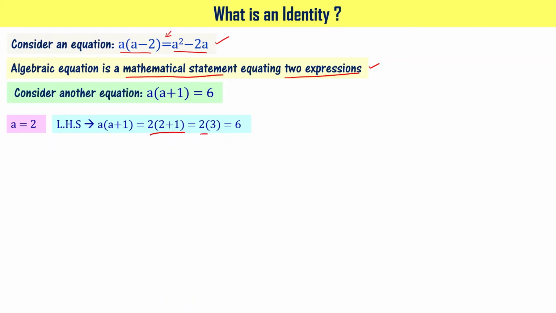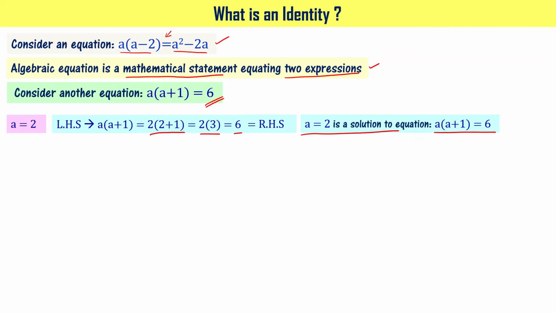That is equal to 2 times 3, that is equal to 6, which is equal to right hand side of the given equation, right? Since LHS is equal to RHS in the case of a equal to 2, we say that a equal to 2 is a solution to the given equation, a times a plus 1 equal to 6.